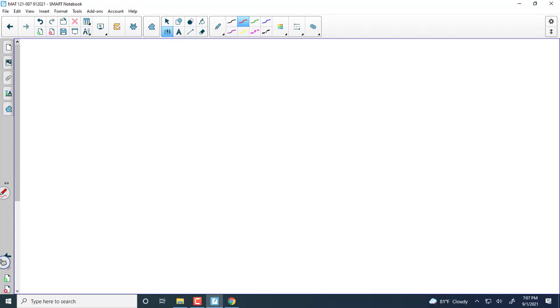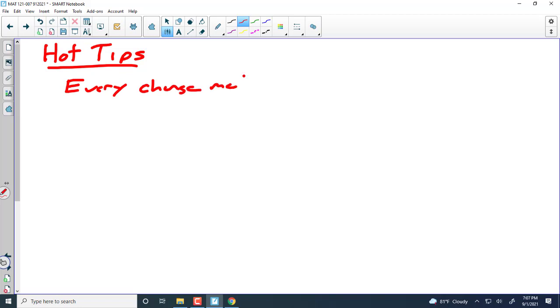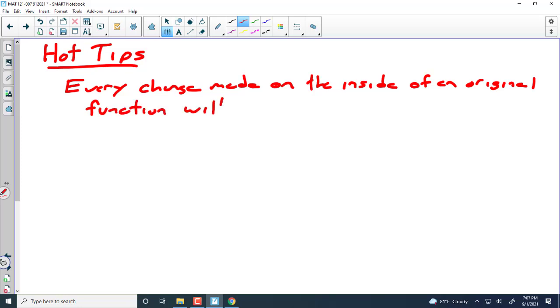Here are some hot tips to help us with these problems. Okay. Every change made on the inside of an original function will alter the x values.